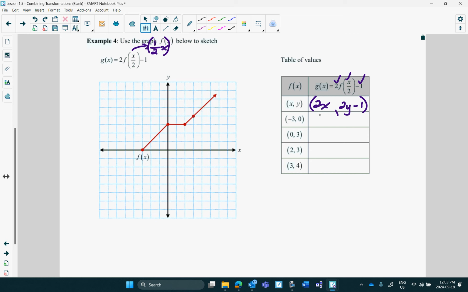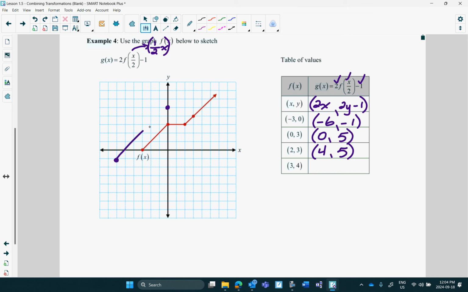So 2 times -3 gives me -6. 2 times 0 minus 1 gives me -1. So we've got -6, -1. Two times 0 is still 0. 2 times 3 is 6 minus 1 is 5. So 0, 5. Two times 2 is 4. 2 times 3 is 6 minus 1 is 5.